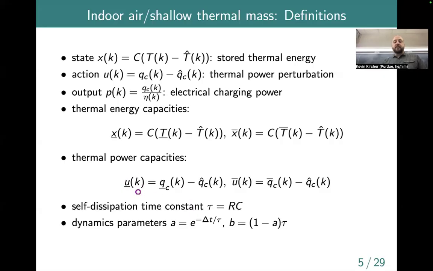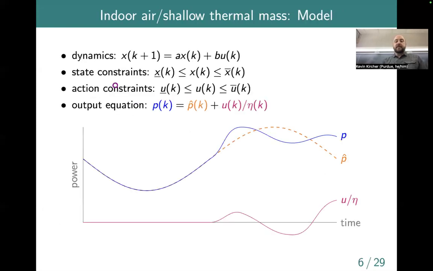Yeah, so here U really is a power adjustment or a power perturbation. You can think of it roughly as the size of these wiggles that we're allowed to do, the deviations of the blue from the orange here.